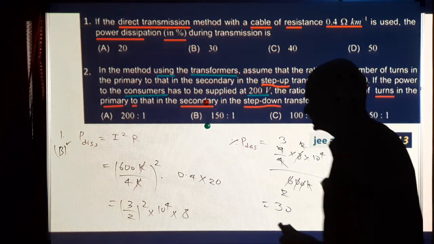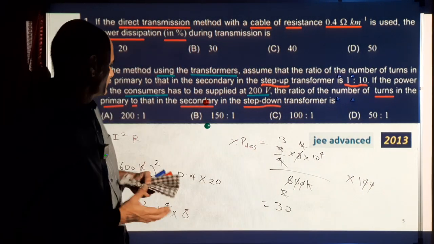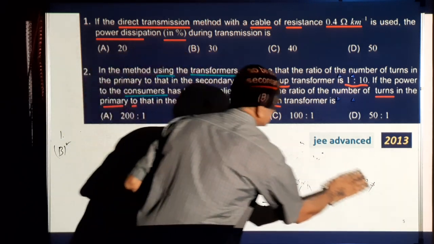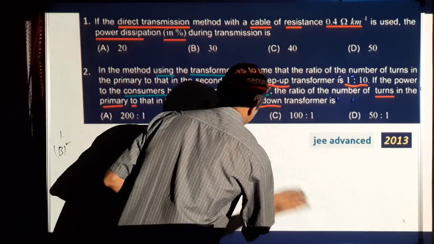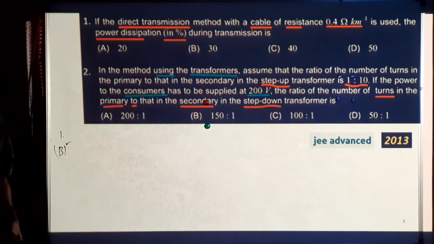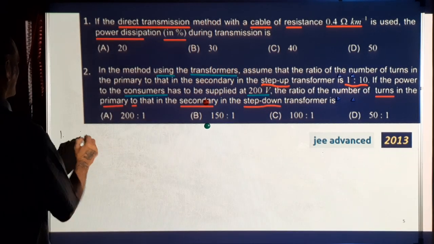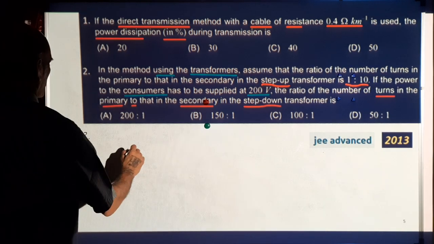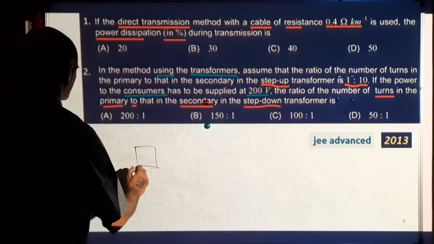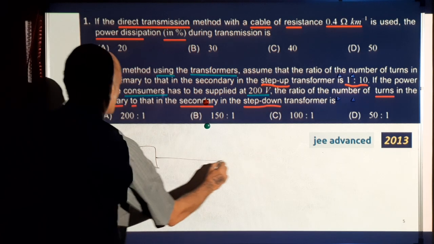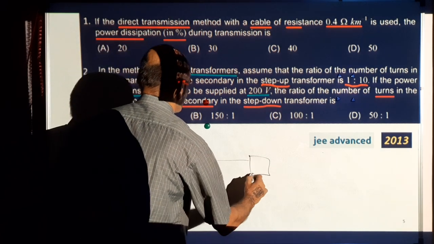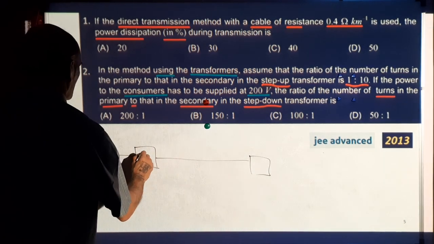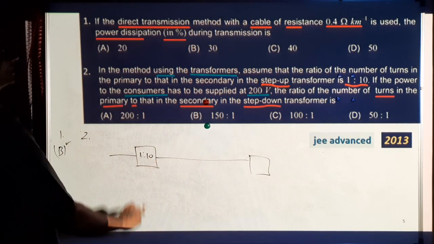So second part of the question, based on this paragraph. This is a step-up transformer on the input side, and there is a transmission cable. At the consumer end, there is a step-down transformer. So here the ratio is 1:10, so it's step-up voltage.